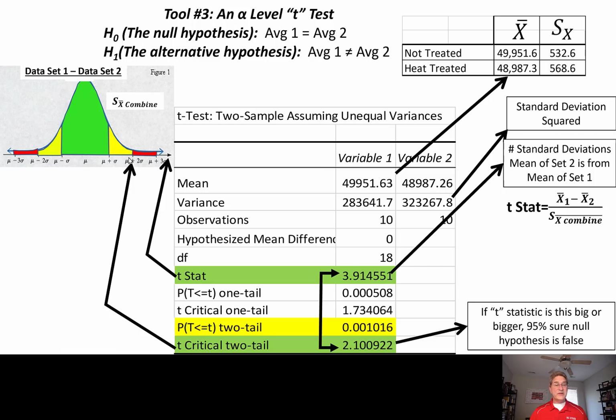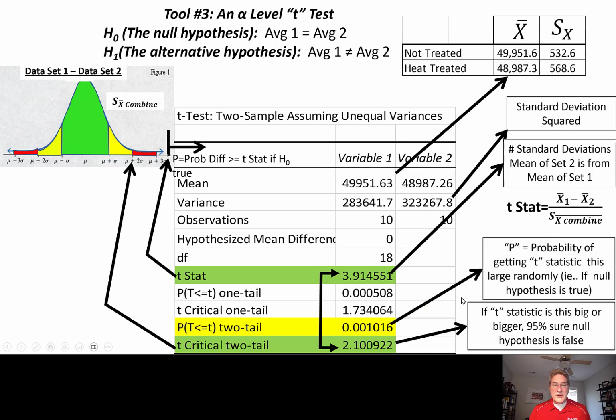These 2 data sets are not the same. And then there's my p-value. So what this is saying is the probability of getting this value or beyond, if they were really equal, is 0.1%. There's a 0.1% chance that heat treating didn't matter. That's really low.